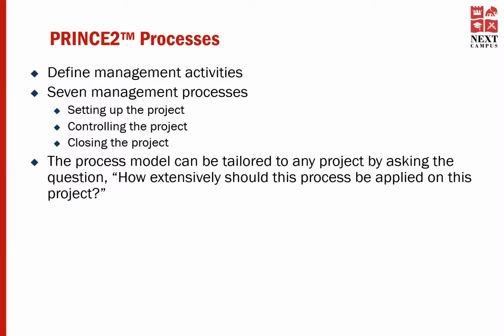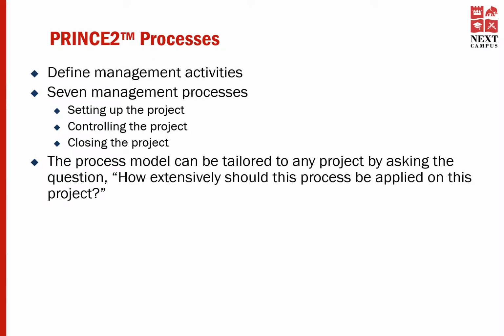Prince2 processes define the management activities. Just like any other project management methodology, there has to be predefined ways and means of doing the activities. So the processes of Prince2 define those management level activities.